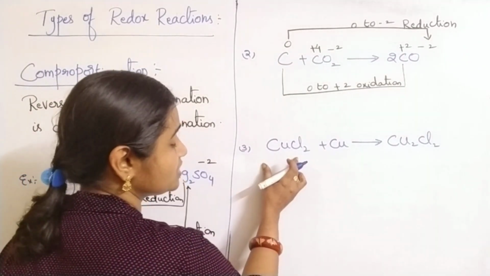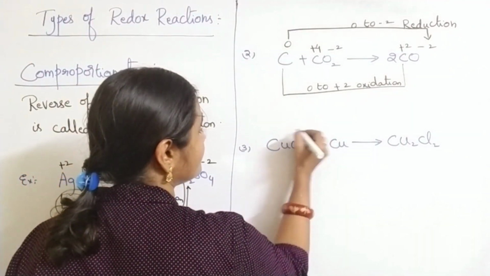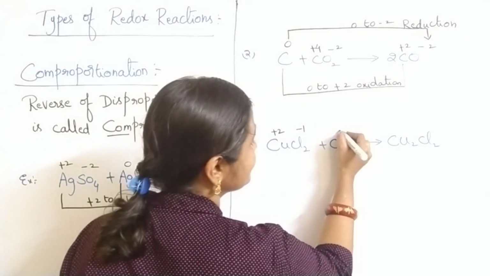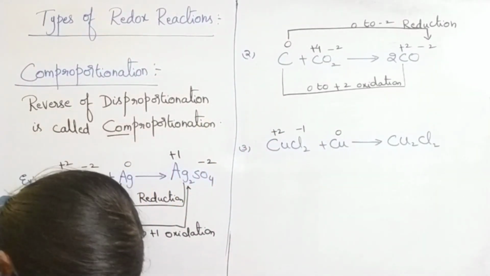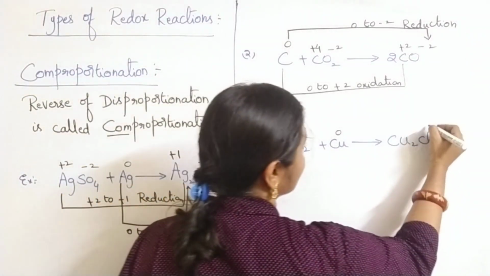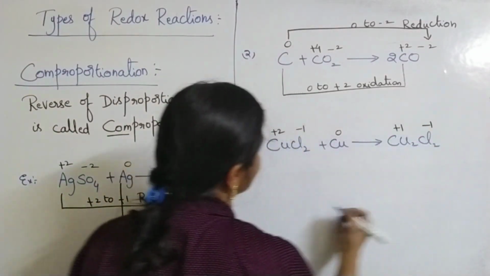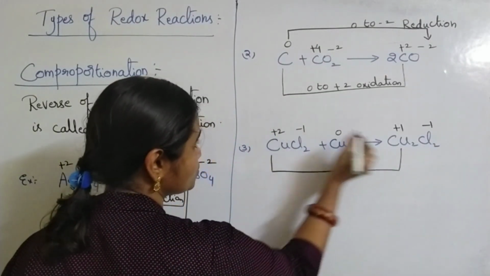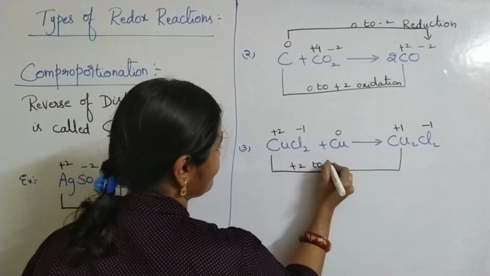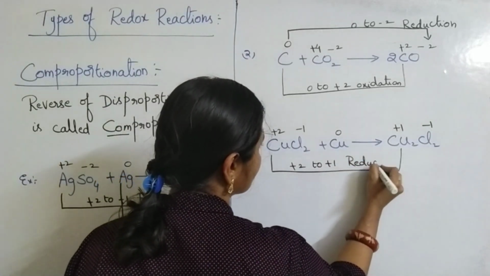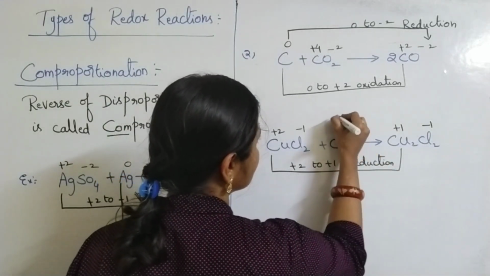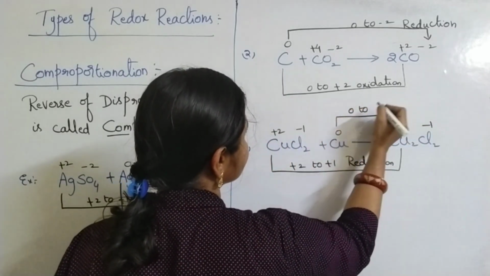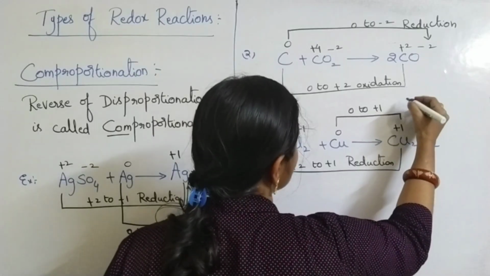Now let us go to the third example. Copper, we don't know, chlorine -1 కాబట్టి కాపర్కి ఇక్కడ +2 ఉంటుంది. ఇక్కడ ఎలిమెంటల్ స్టేట్ కాబట్టి కాపర్కి 0. ఓకే, అండ్ నౌ హియర్ chlorine -1, copper +1. ఓకే, సో +2 to +1 అంటే రిడక్షన్. ఓకే, సేమ్ లైక్ దట్ 0 to +1 means what?